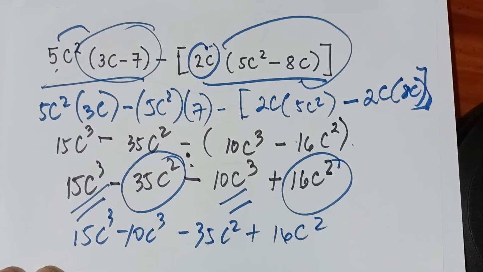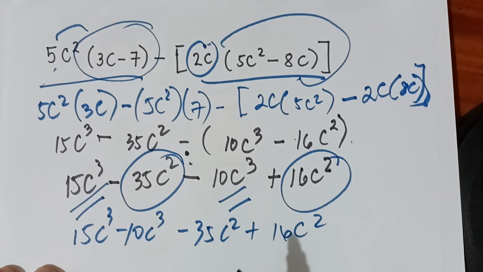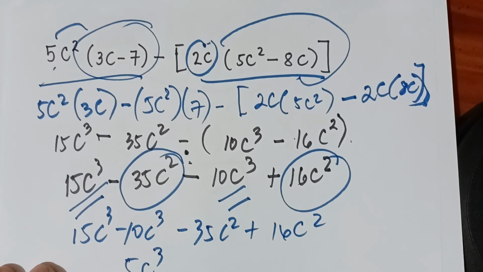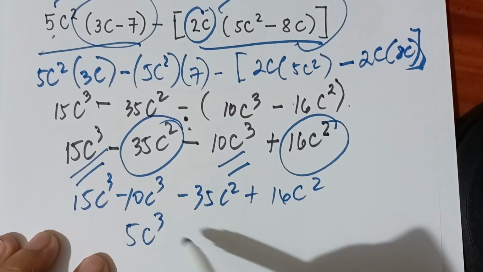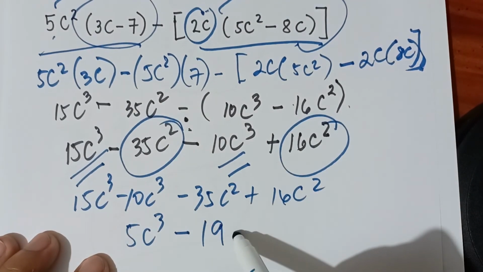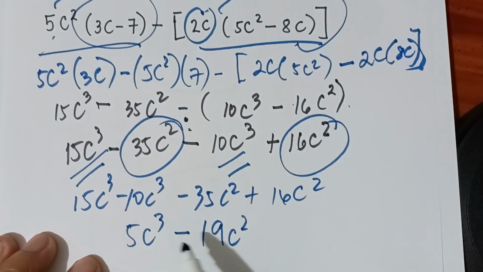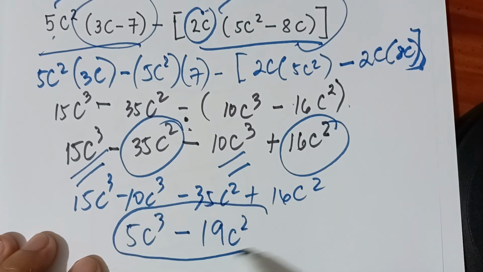So simplifying it further, 15 less 10 is 5 c cubed. Negative 35 plus positive 16, so unlike sign, subtract again. So that will be negative 19 c squared. And so the final answer will be 5c cubed less 19c squared.